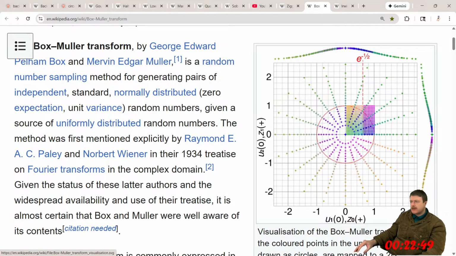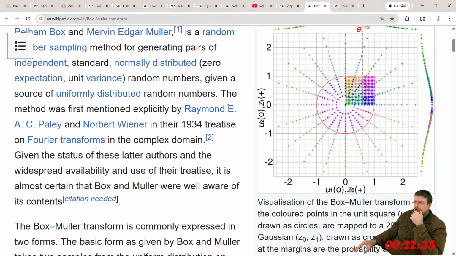So we got this e to the x. We're in the complex plane here. E to the negative 1/2. What is that, like some? I just don't understand where the seed's coming from.